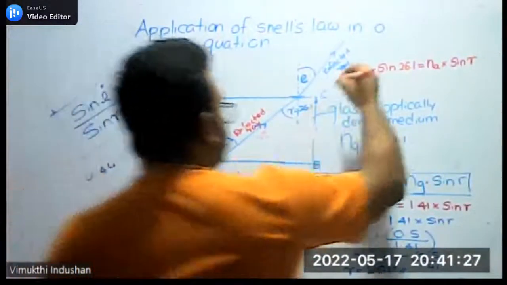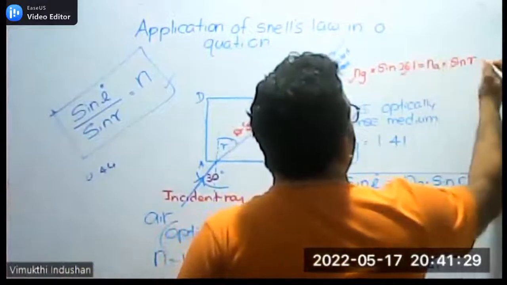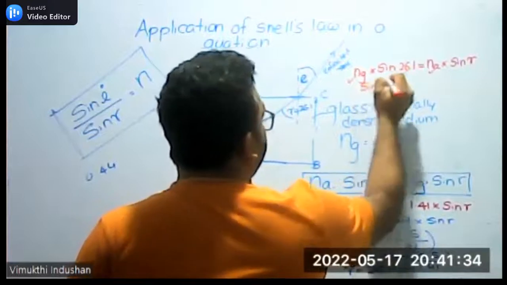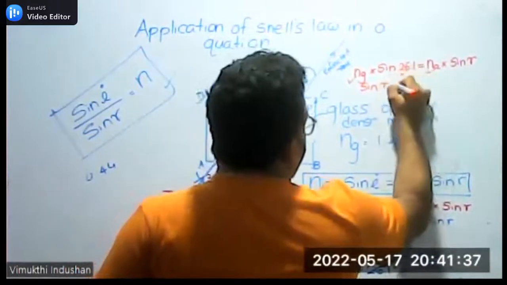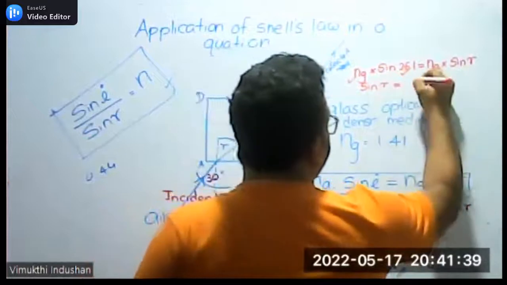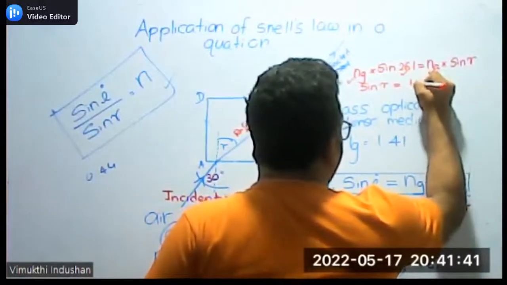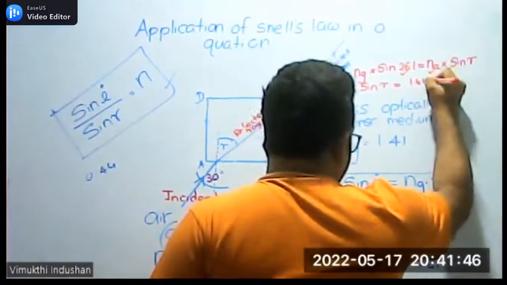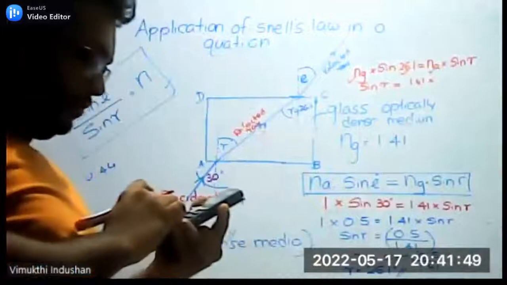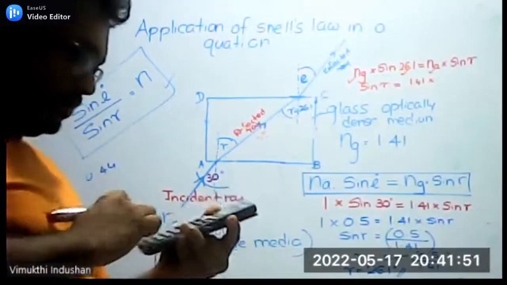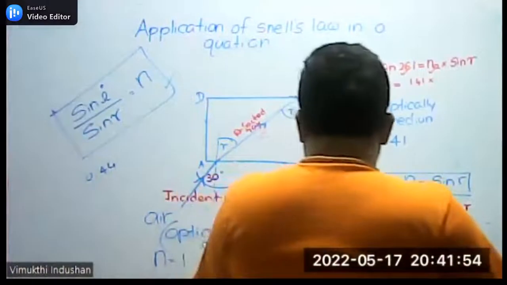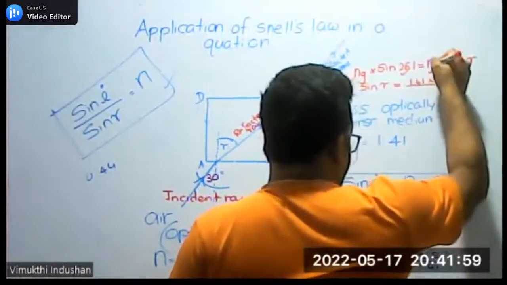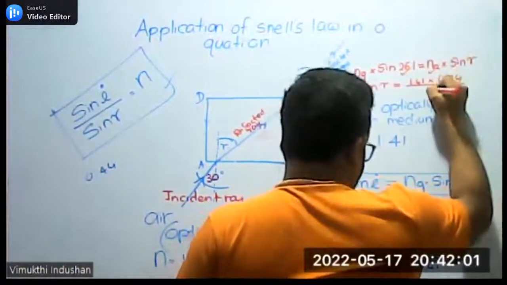These values you know, this value you know, so easily you can find the answer for the angle of refraction. It should be 1.41 into sine of 26.1. Sine of 26.1 is 0.44. That divided by the refractive index of air, which is 1.